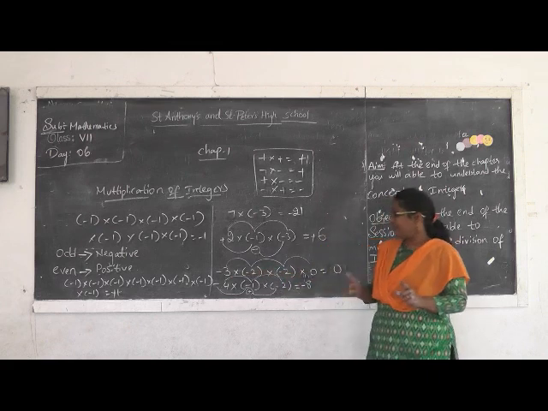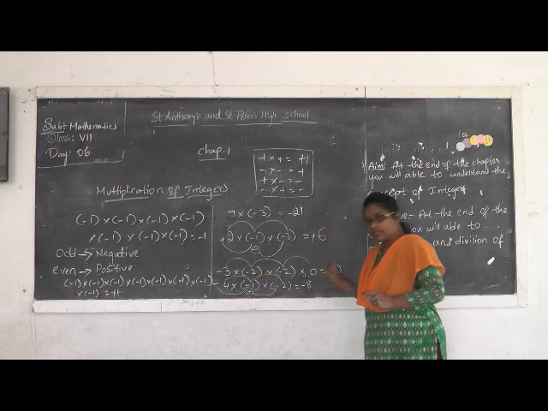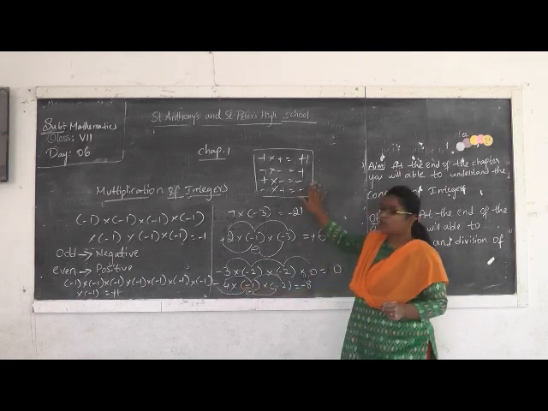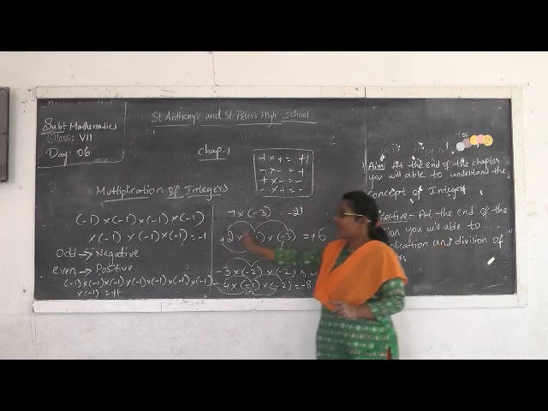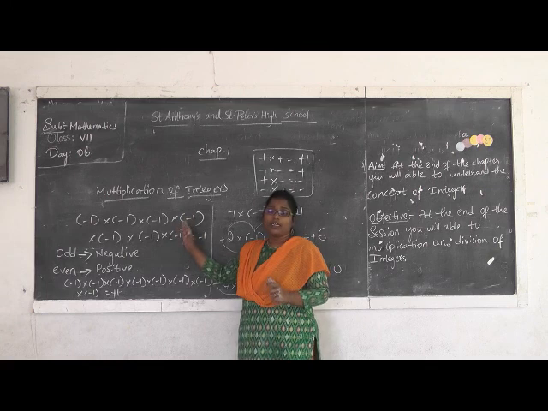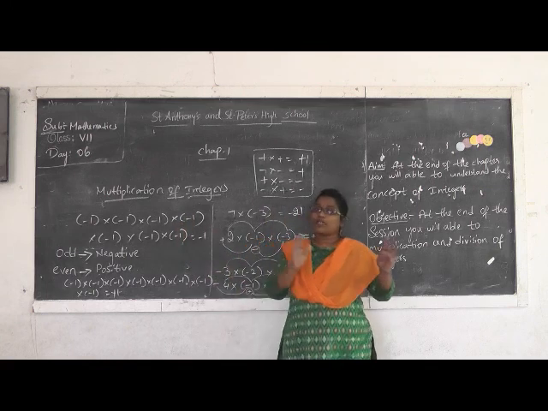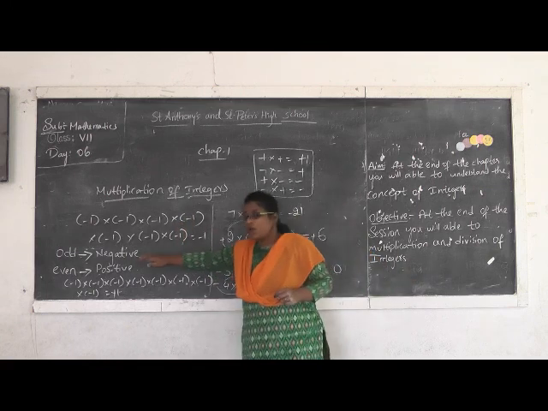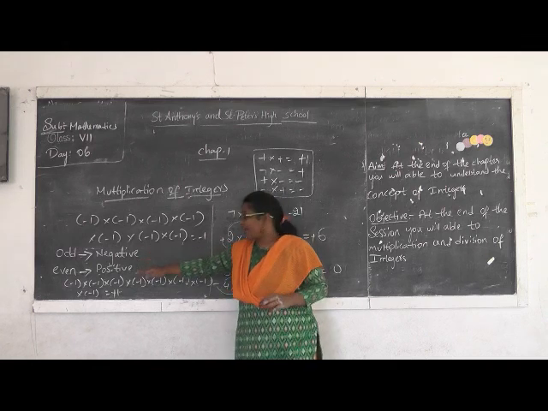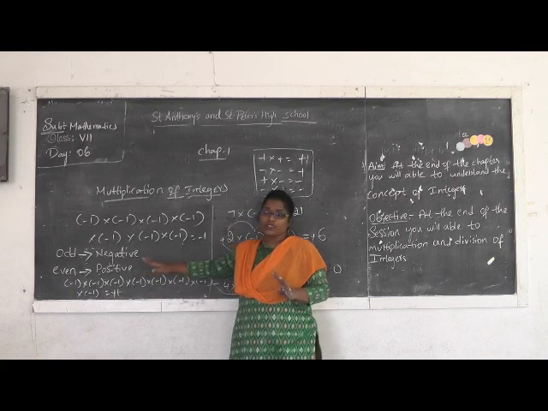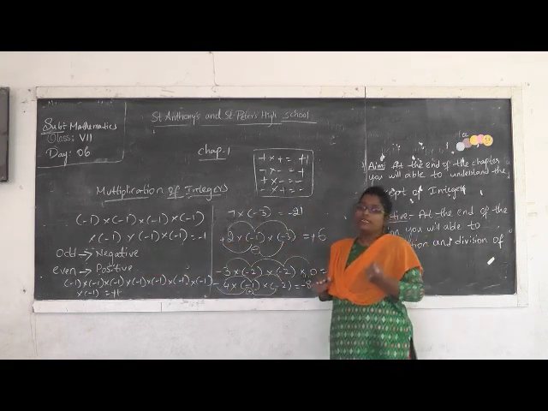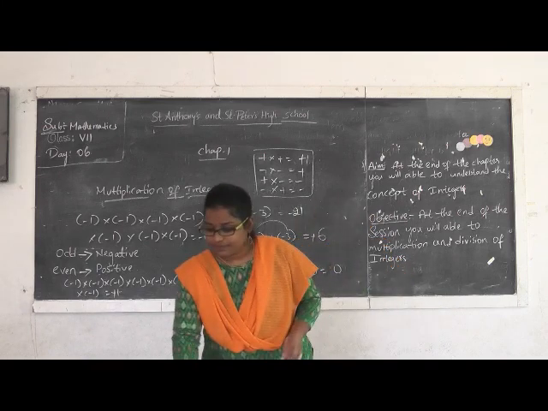We have to multiply the numerical values first. Later on, we have to simplify the symbols based on this rule. And next, we discussed that whenever we are multiplying a negative integer an odd number of times, the result is always negative. If we are multiplying a negative integer an even number of times, then the result is always positive. So this is about the multiplication of integers. Let's move now to division of integers.